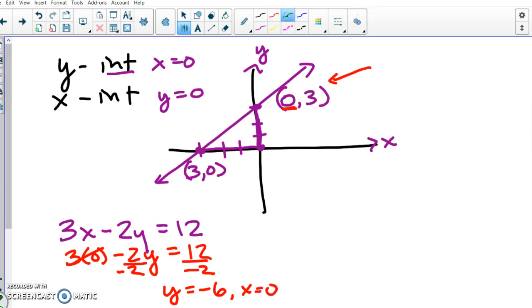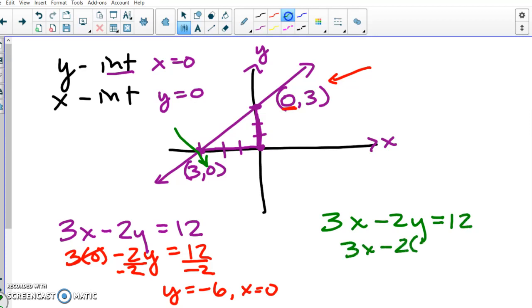In turn, we're going to take the same equation, and when we're talking about an x-intercept, we remember the y value to be 0. So we're going to do the same thing here. 3x minus 2, we're going to allow y to equal 0 and solve that equation. We end up with 3x equals 12, x equals 4. That's a 4 when y equals 0.